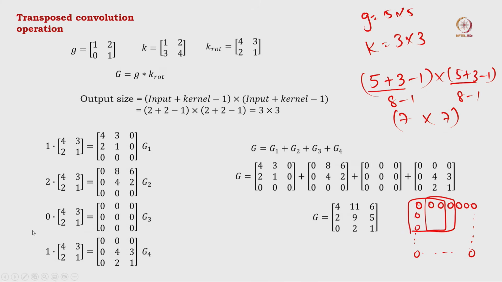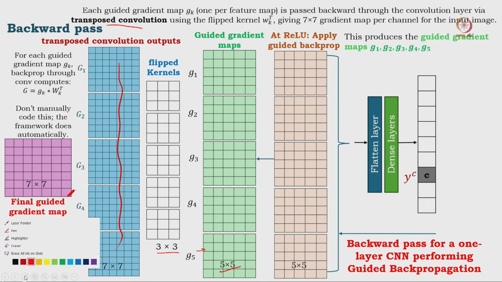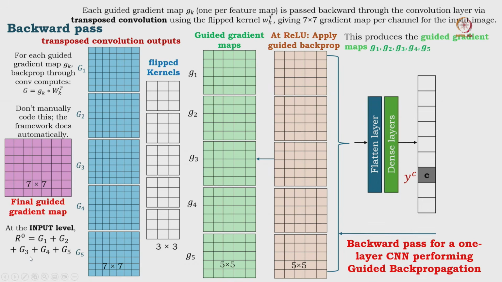You will add up all of these, get these many capital G's, and you will get the final guided gradient map.